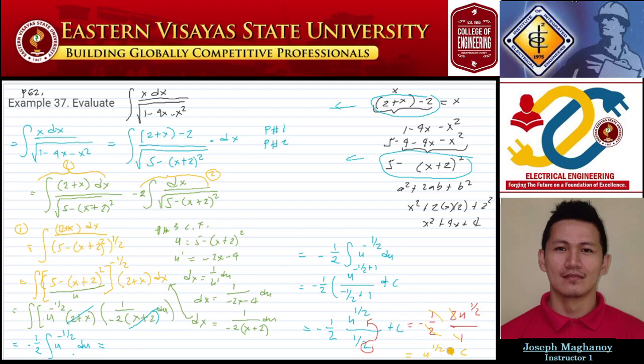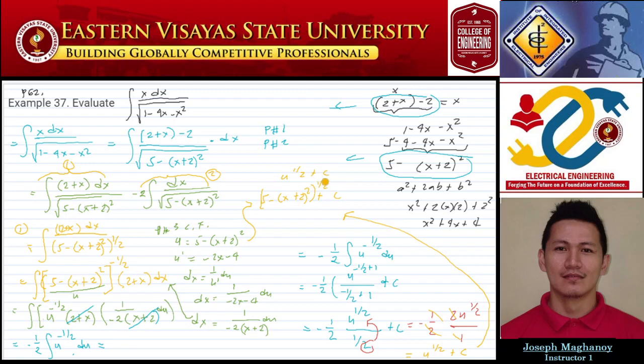Okay, but we still need to recall our value for our u. So our u raised to 1/2 plus C. What is our u? Our u is here. Just need to apply 5 minus x plus 2 squared plus C. This is to the power of 1/2.